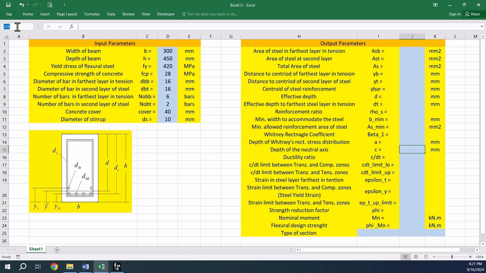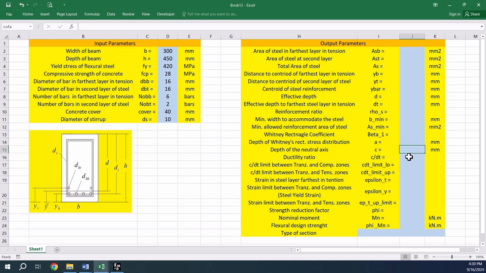So instead, I'm going to define a name for this variable, and I'm going to call it C of A, which stands for the parameter c that can be obtained from the parameter a. You can give it any name you want, but I'm referring here to the fact that c, which is the depth to the neutral axis, can be obtained from the depth of the Whitney rectangular stress distribution a. That's why I'm just calling it C of A.